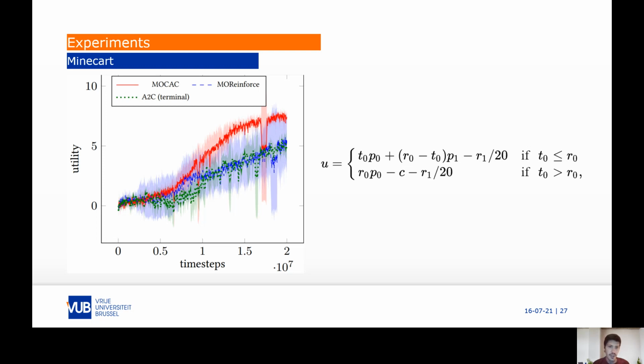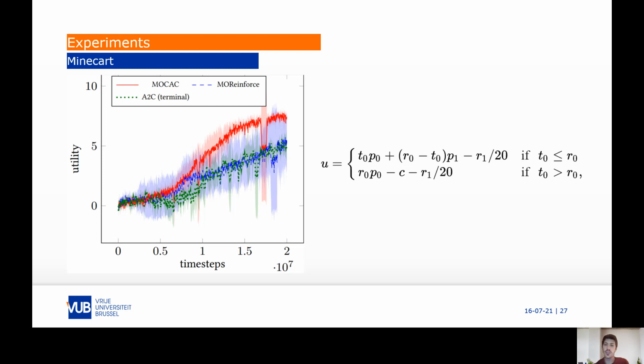And we see again that although they're all learning, our algorithm learns the fastest. It reaches the highest utility. And this is because it is able to learn at every few time steps.